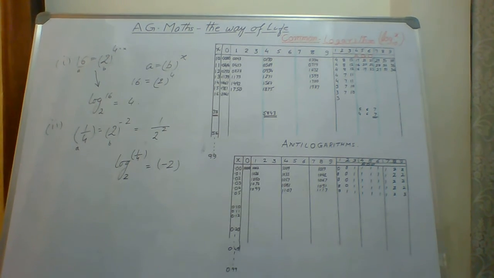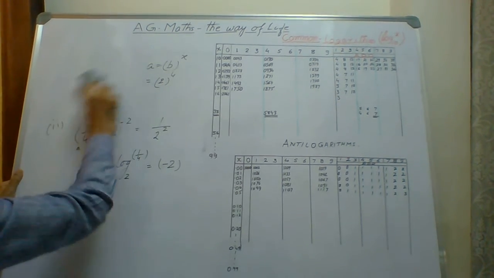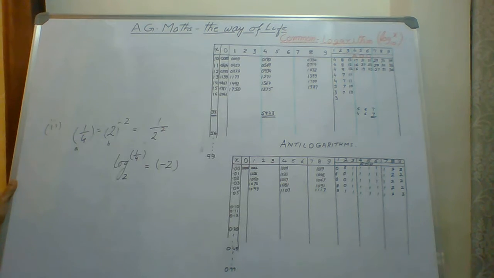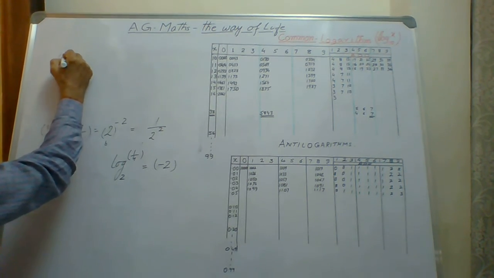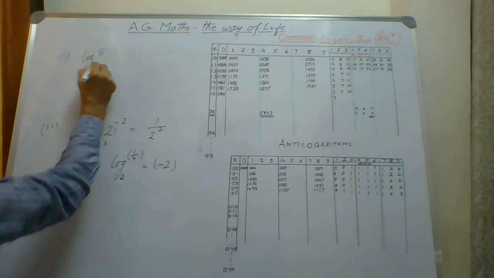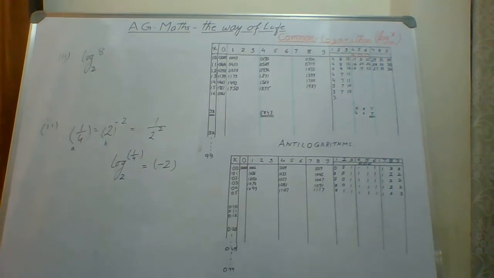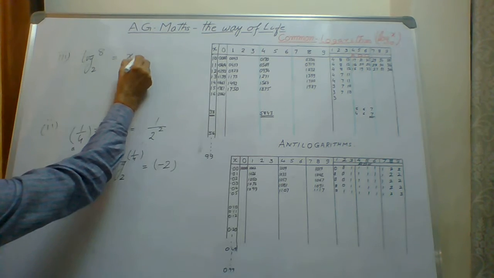Now, how do I write log of 8 base 2? Okay, here I write another problem. Log of 8, third one, is log of 8 base 2. What is the value of this? Log of 8 base 2, let us suppose it is equal to x.